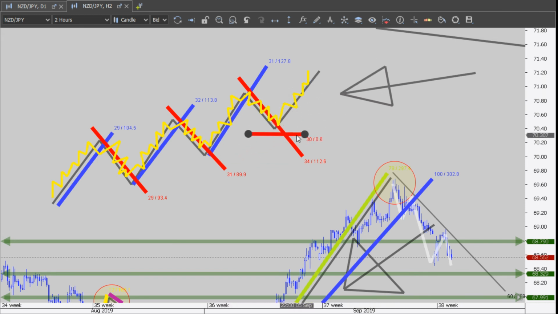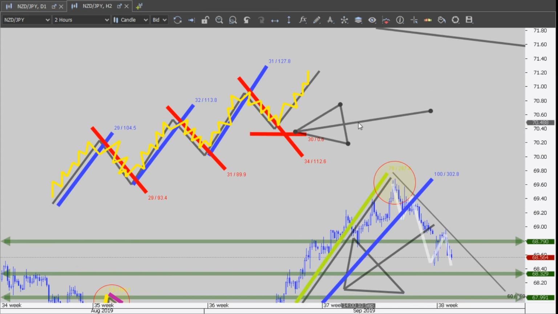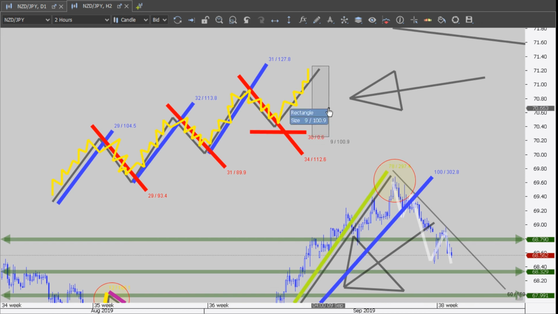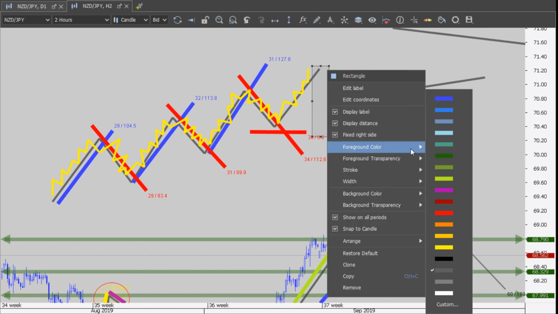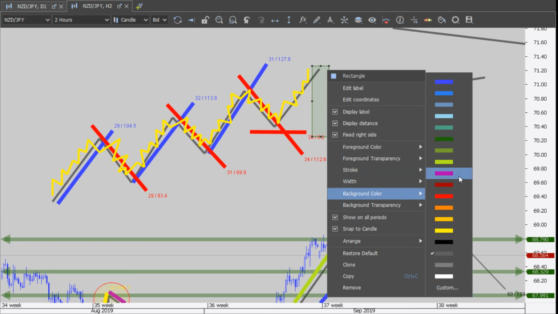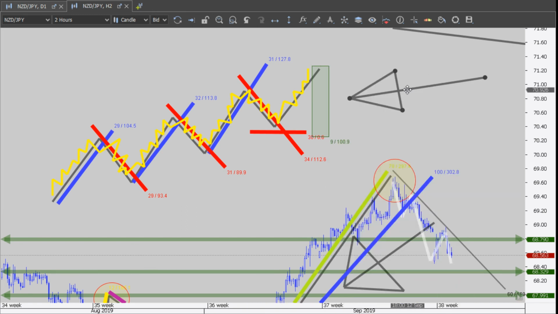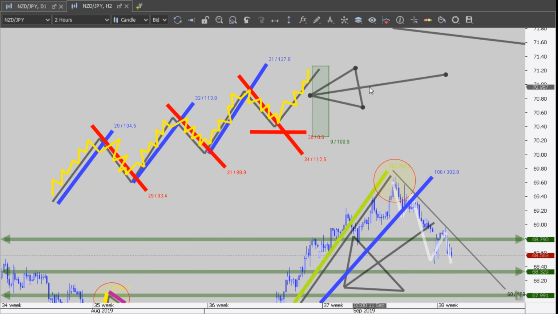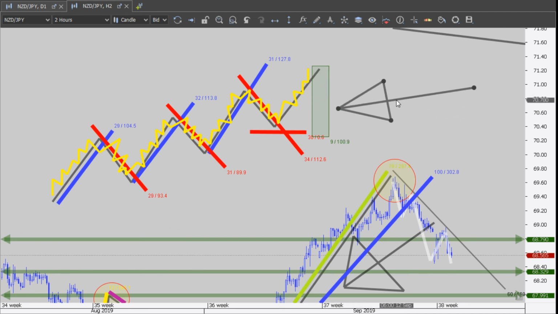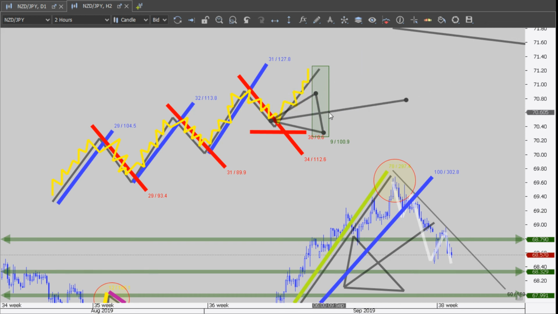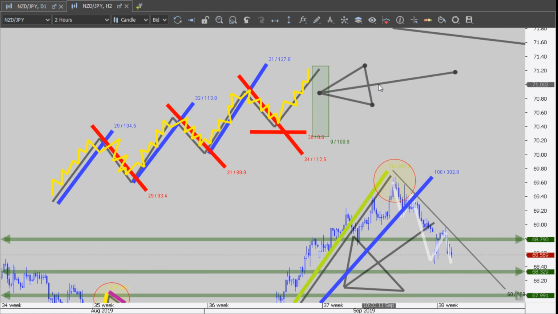So if I'm going to put the stop loss here right now, this is the wrong place. I don't have a confirmation that this is the extension yet, right? So this is the extension, this is the retracement, right?